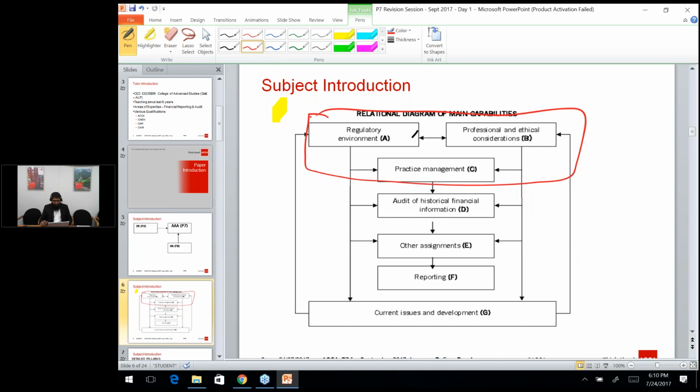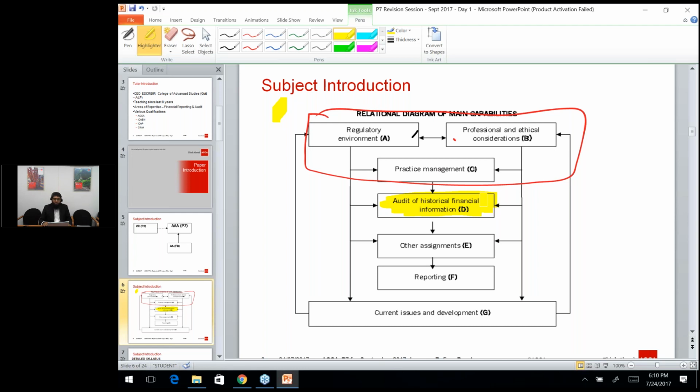The second section is section D, which is the audit of historical financial information. This section is one of the most important sections for paper P7. Anyone who fails paper P7 is because he is weak at this section D. Section D has the same significance as group accounts in paper P2, where you cannot pass P2 if you are not good at consolidation.